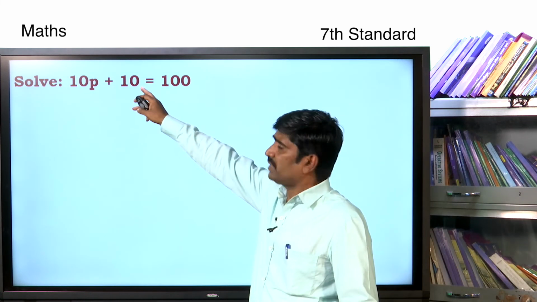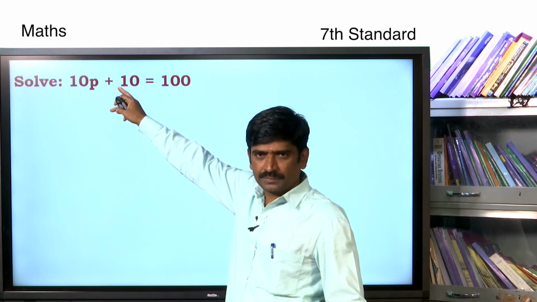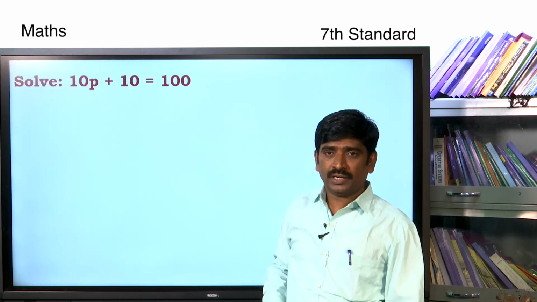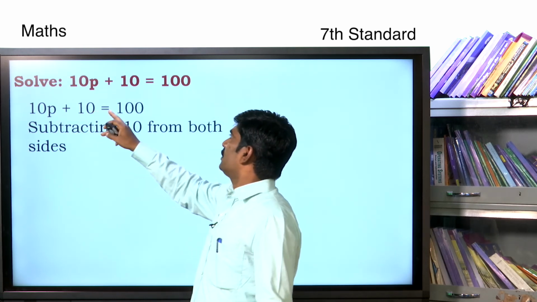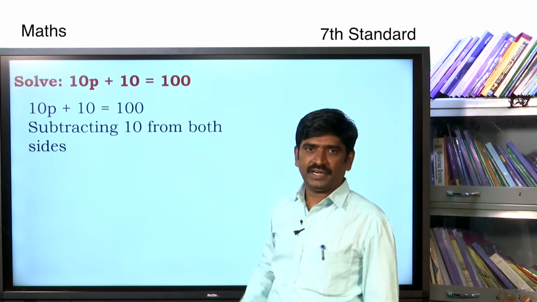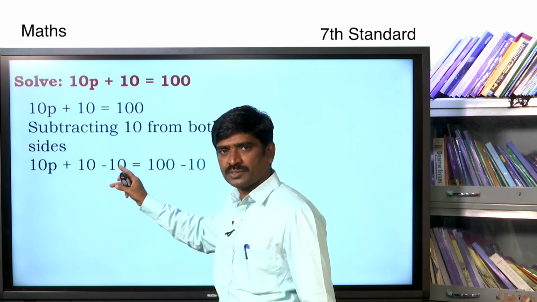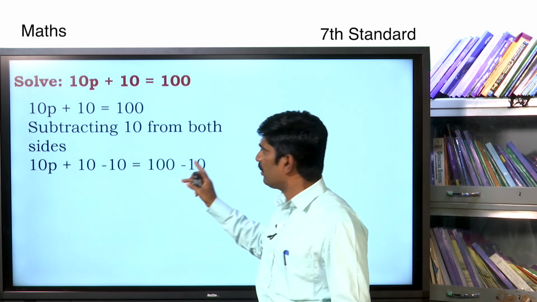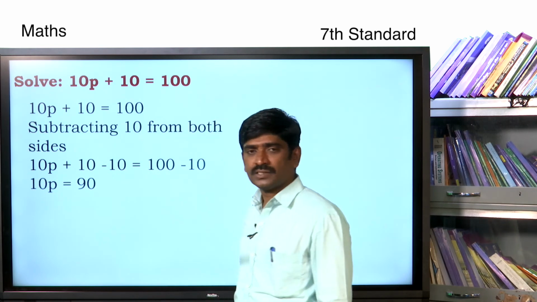10p plus 10 is equal to 100. Here addition is given. That is why we subtract 10 on both sides. Then 10p plus 10 is equal to 100, subtracting 10 from both sides. What happens? 10p plus 10 minus 10 is equal to 100 minus 10. 10p as it is, 10 minus 10 is 0.